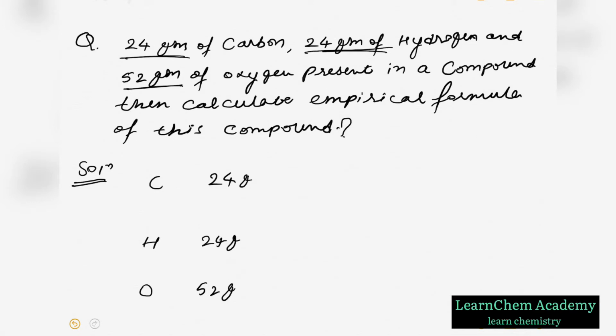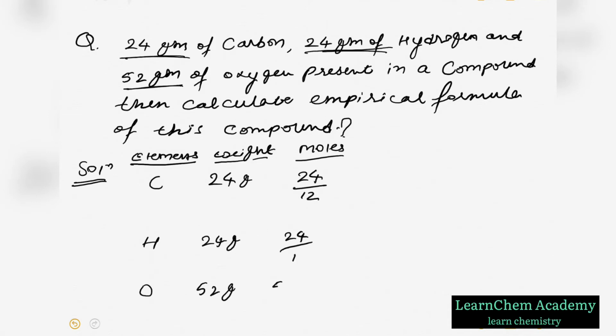So in the calculation of their moles, we can write the elements, their weights, and now moles. So we will get 24 divided by 12, here 24 divided by 1 and 52 divided by 16.